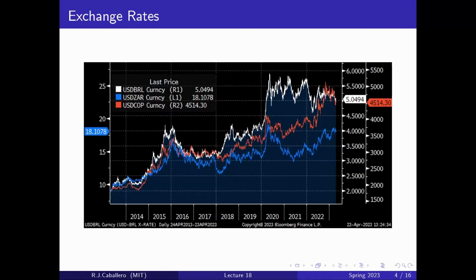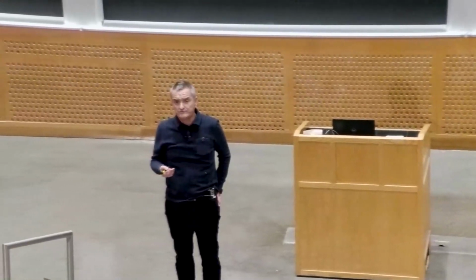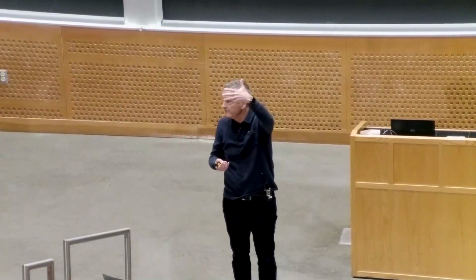But you also see a trend in these. Their currencies are becoming chronically weaker relative to the dollar. And the reason for that is that these are countries that have higher inflation. So if you want to maintain the real exchange rate constant and you have higher inflation than the other country, then your nominal exchange rate has to be depreciating.